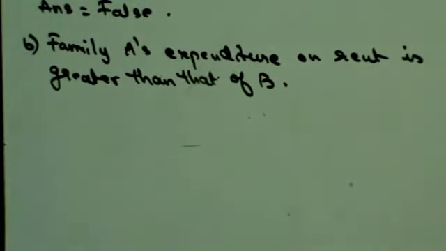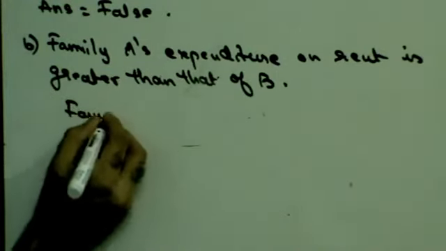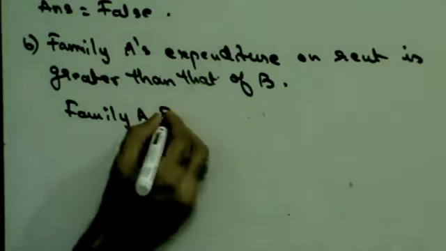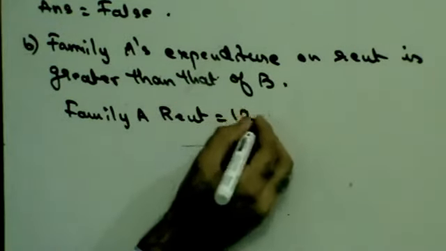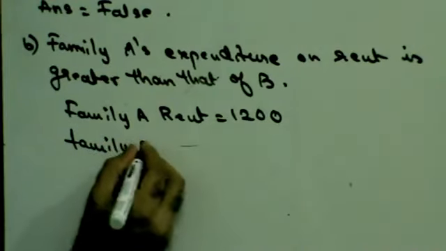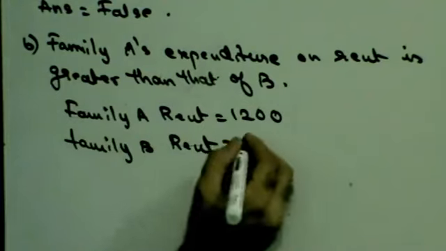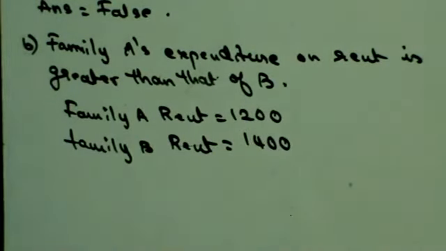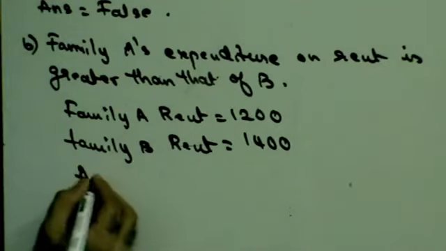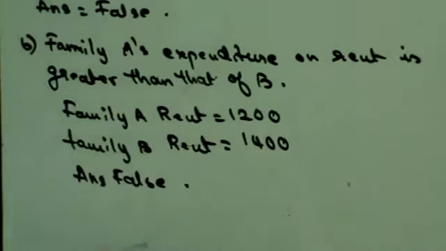Family A's expenditure on rent is 1200. Right? Family B, we've already found this out. Family B's rent expenditure is 1400. They are saying A is greater than B. False. This statement is also false. Right? Answer is false. Fine, do we get this in here?